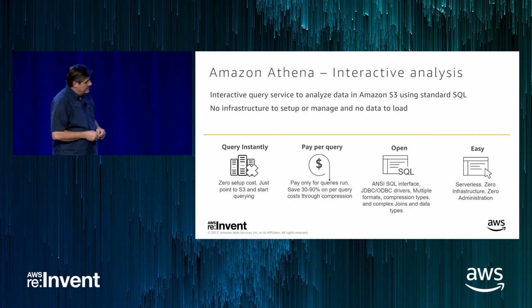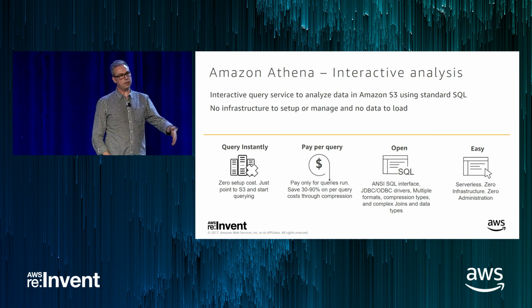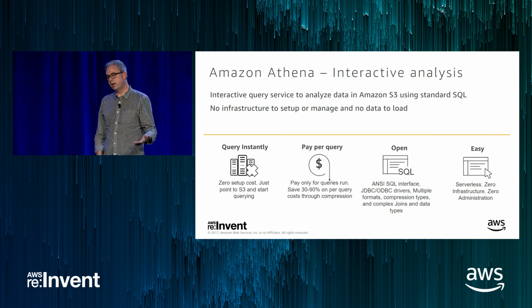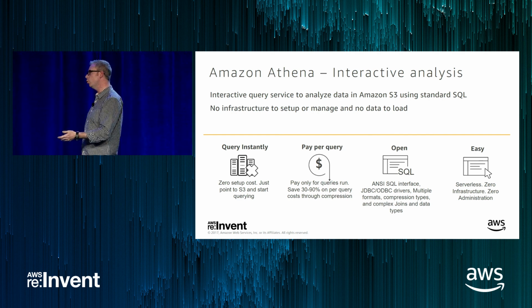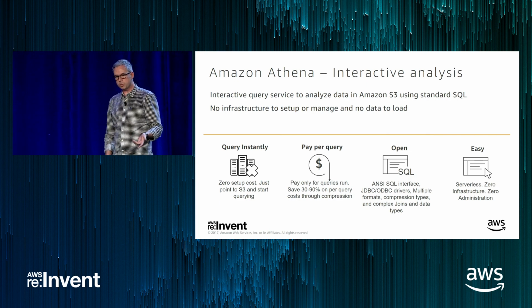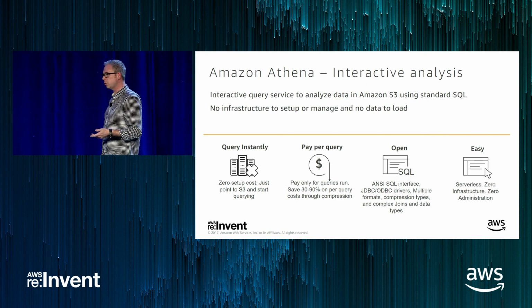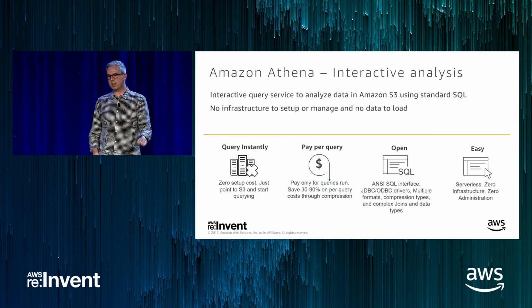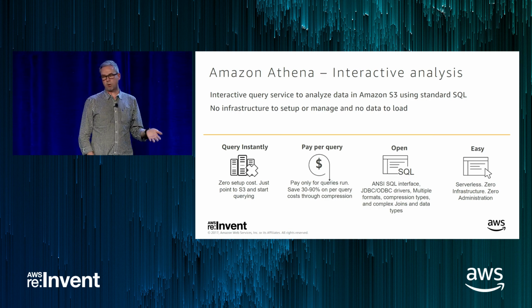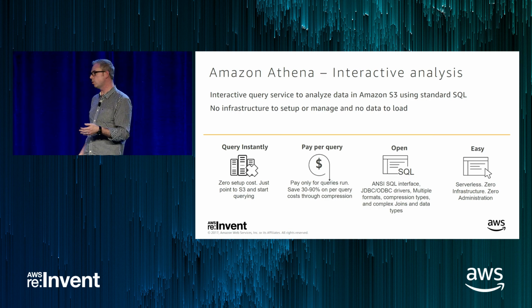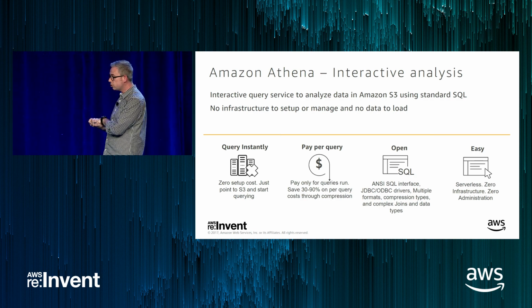So you're paying for the storage on S3 for the data that you should be keeping anyway, and then you're able to issue a query using ANSI SQL. There's no servers to provision. There's no babysitting of that environment over time. You simply pay for the data that streams through Athena, and you get your answer back. You can either use that in an interactive way with the Athena console, or you can use an API to save that data down to another location, whatever.